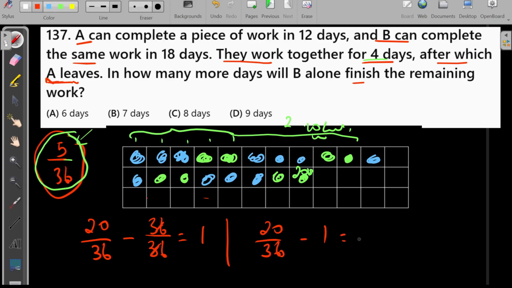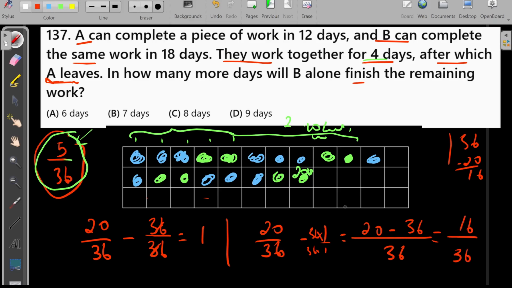If I take the LCM, or the lowest common multiple, that will be 1 times 36, which gives me 36. I need to do the same with the numerator. So that will be 36 minus 20, which gives me 16. So that is 16 over 36.